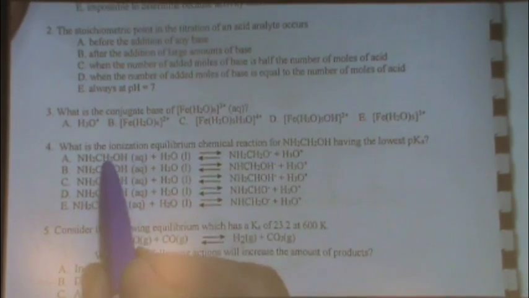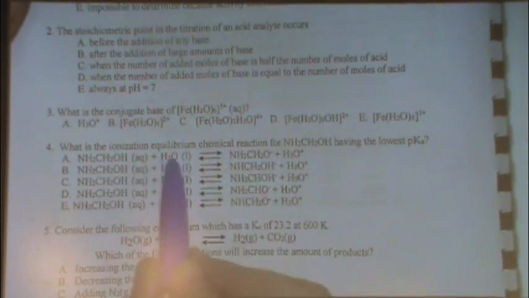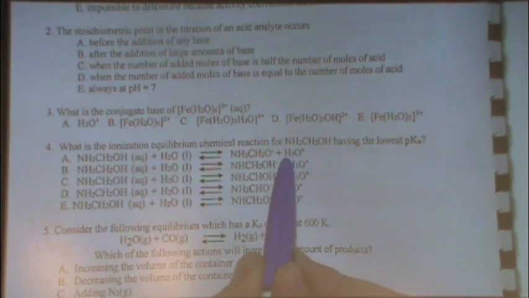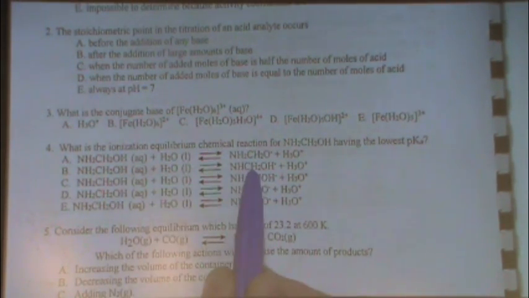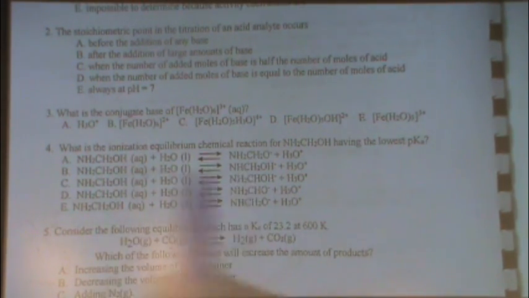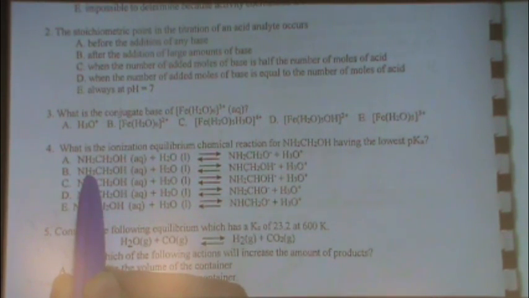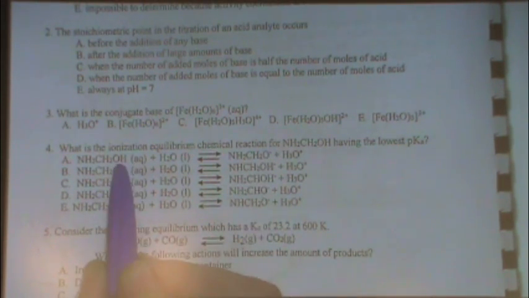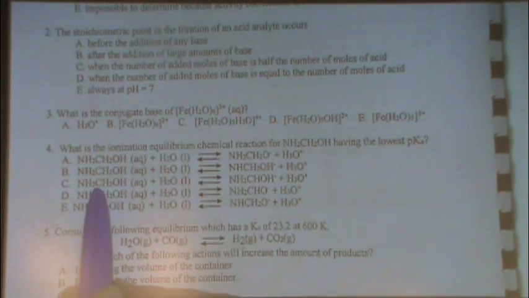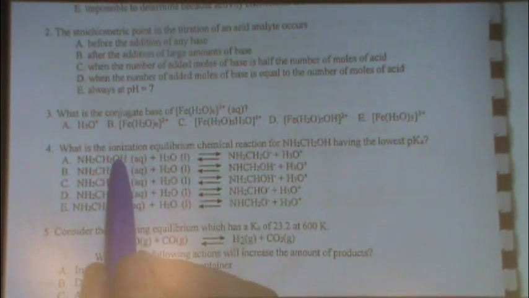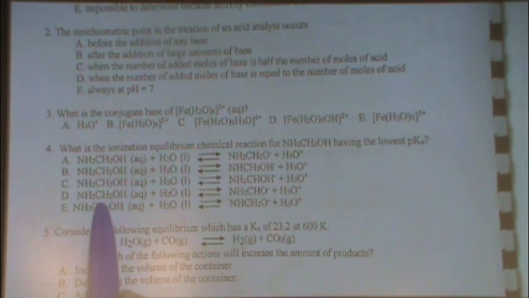So I'm looking for a relatively strong acid right now. This is just the acid doing its thing here. Here the acid actually lost that hydrogen. In the first case, it lost the hydrogen on the oxygen, here on the nitrogen, and in this case on the carbon. Here, something crazy happened, and it lost it on the carbon and the oxygen.